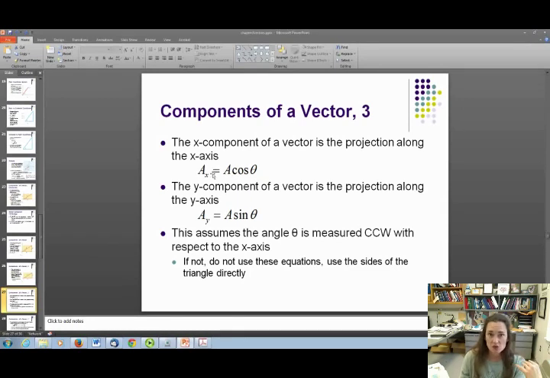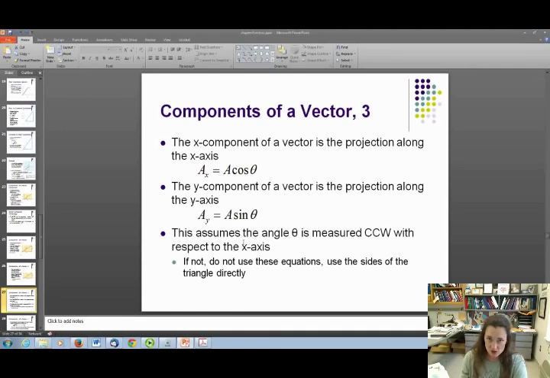And then the x component, A sub x, would be the length of the vector A times the cosine of the angle theta, which it swings upward from the plus x-axis in a counterclockwise way. So A x is equal to A cosine theta. The same kind of idea for my y component of my vector. A sub y would equal the length of my vector A times the sine of theta, where theta is my angle from that plus x-axis.